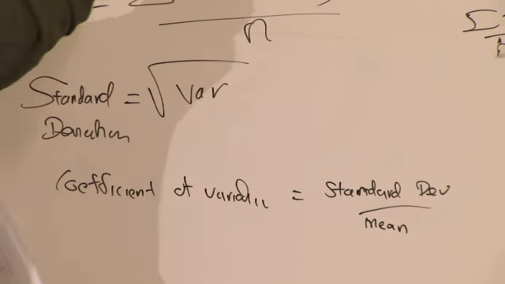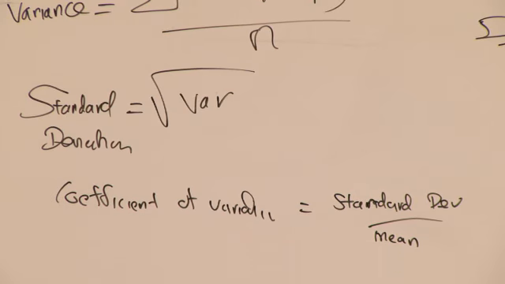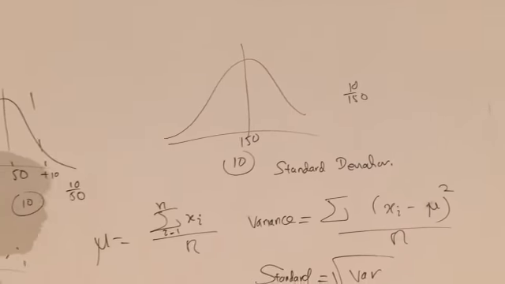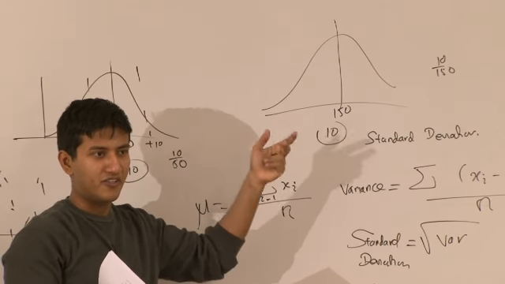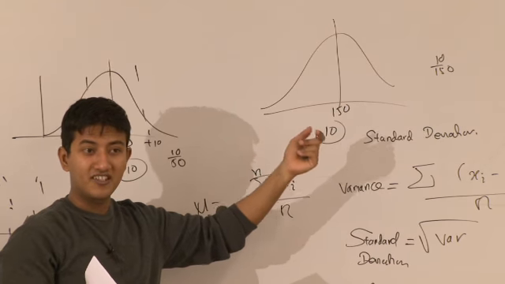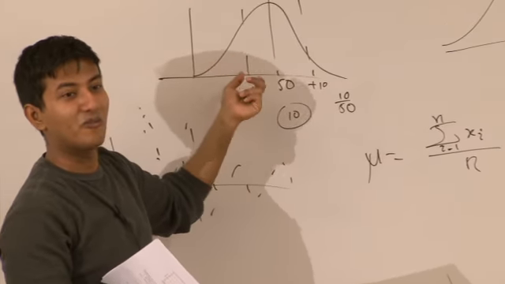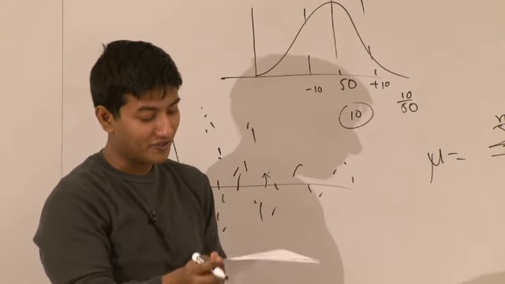Now here it will be 10 over 150. Here it will be 10 over 50. So we know this is more consistent than this. The weights of the students at MIT, it's more consistent than the marks you might get for 600. It might be true.